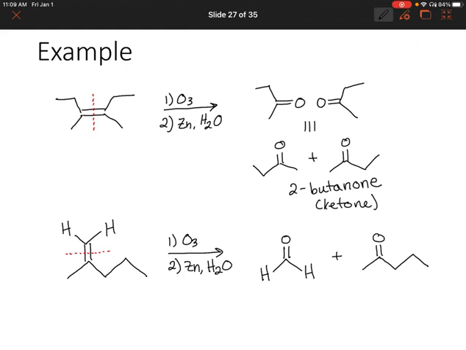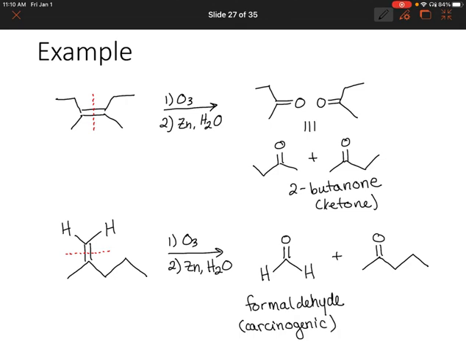All right, so the first product we formed here is actually called formaldehyde. This is what's used to preserve bodies, and it's quite smelly. And we've also more recently determined that it is carcinogenic, which means it can cause cancer.